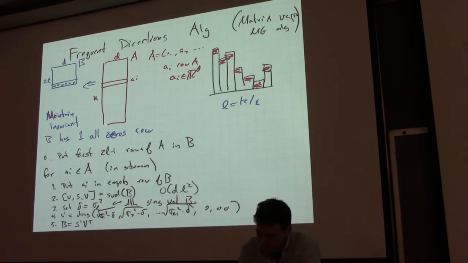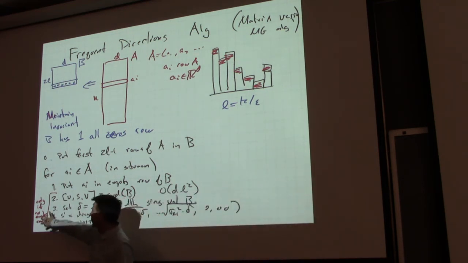Okay. And actually I only do this step if there are no empty rows. So only if I filled up all of my empty rows do I do this step.